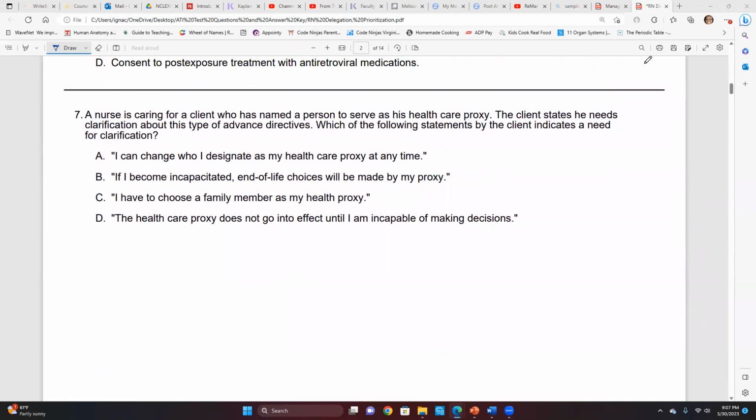Okay, question 7. A nurse is caring for a client who has named a person to serve as healthcare proxy. The client states he needs clarification about the type of advance directive. Which of the following statements likely indicates a need for clarification? I have to choose family about the problem.